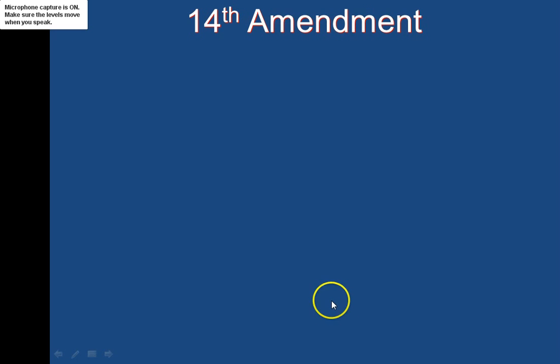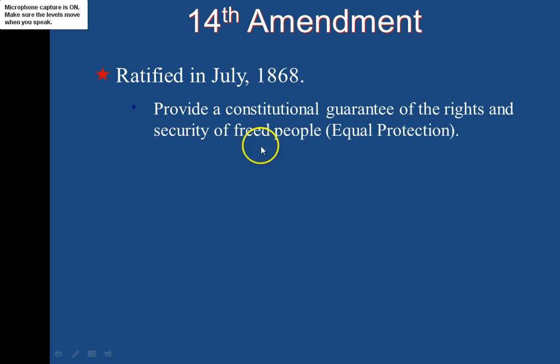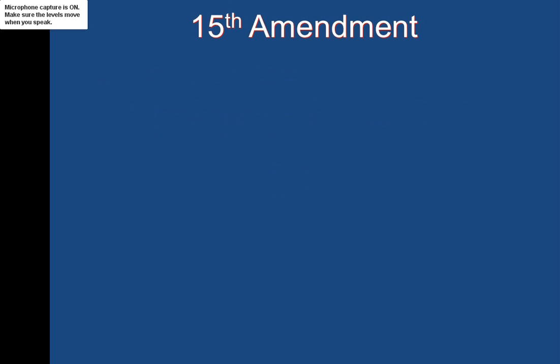Another political linchpin of the Reconstruction era is the 14th Amendment, which is also called the Equal Protection Amendment. This was passed by radical Republicans in 1868 to combat the Jim Crow laws, to make sure that all former slaves are receiving the same rights and security of freed people.